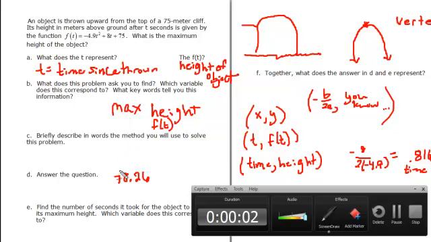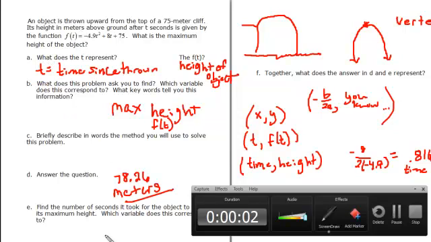But keep in mind that in this case, the first number we got wasn't the answer. The first number we got was the x, but we needed the y value. So answering the question, 78.26 meters. Make sure you label everything. So 78.26 meters is the maximum height.